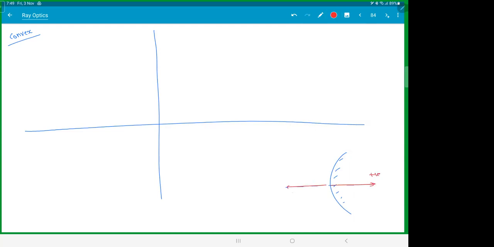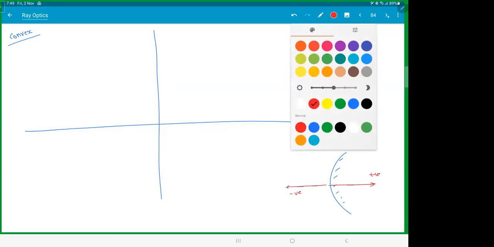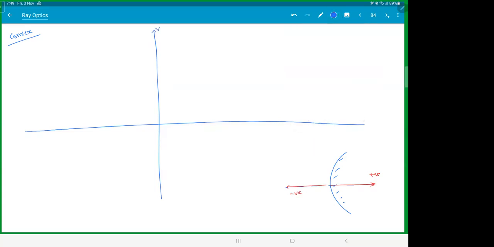This is positive, this is negative, this is V, this is U, this is F. When you start from minus infinity, the image will form at plus F. So it starts here. And as you come toward the focus, the image will be like this.